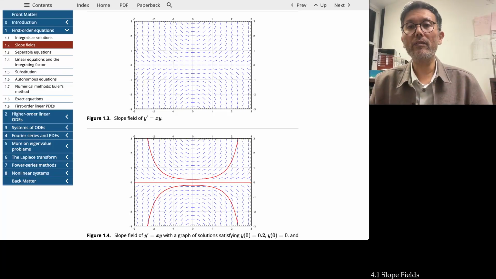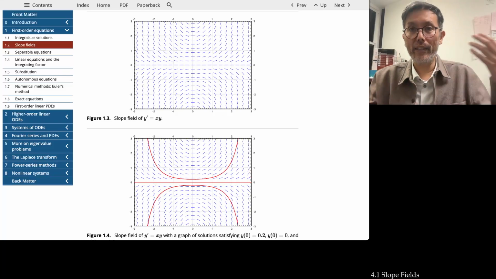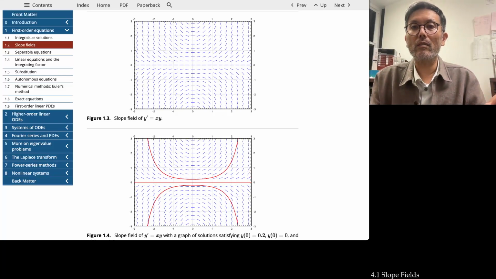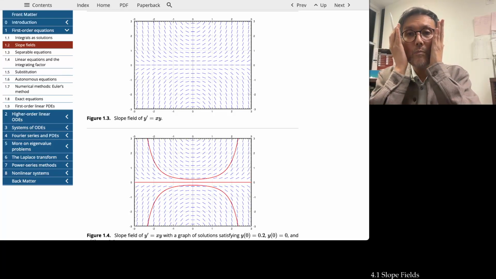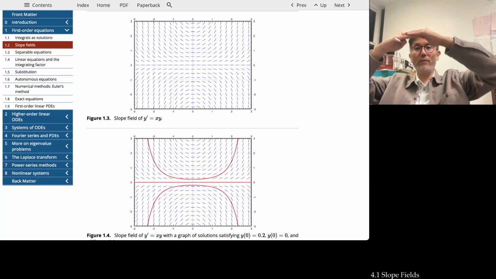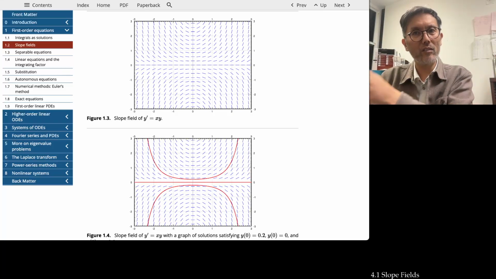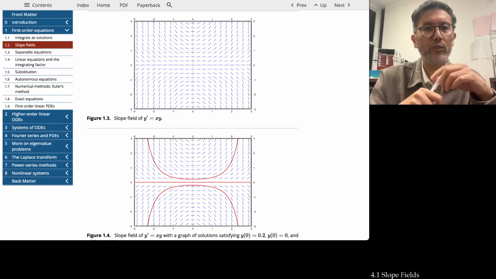And that's because if x is 0, then x times y is also 0, meaning that y prime is 0. What does y prime 0 mean? It means that the slope of these line segments should all be 0, which means horizontal. Horizontal slope, 0 slope. Those are synonyms.